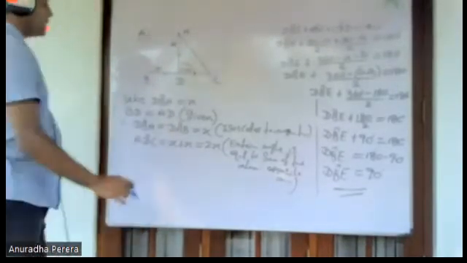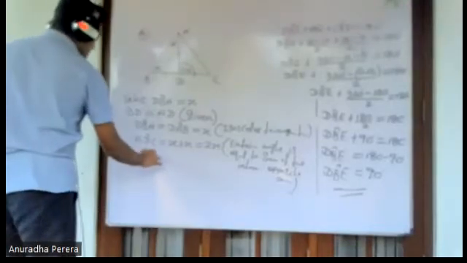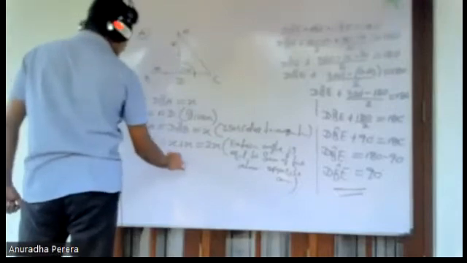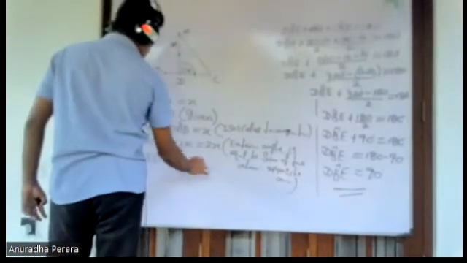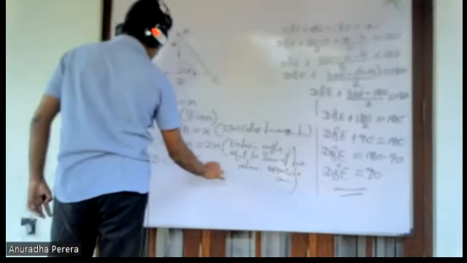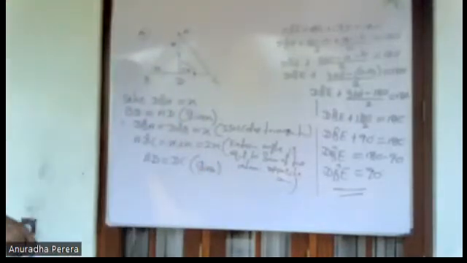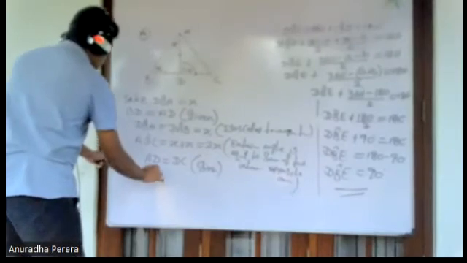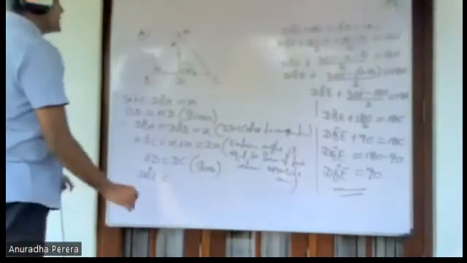Right. Now we know AD equals DC. It is given. And we can write DAC equals DCA.